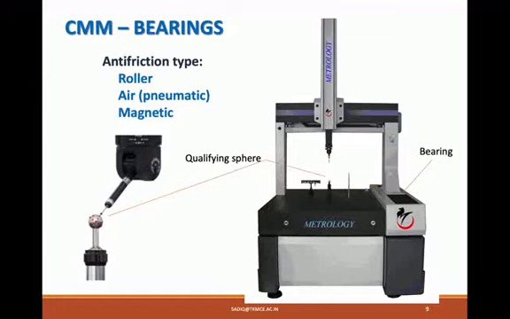One axis here, you see here, that's one bearing. Another movement here, there is the same bearing here. For the third axis in this direction, there is bearing here also. So this is a qualifying sphere, this is a probe, and the sphere will be used for checking the qualification or qualifying the measuring probe.